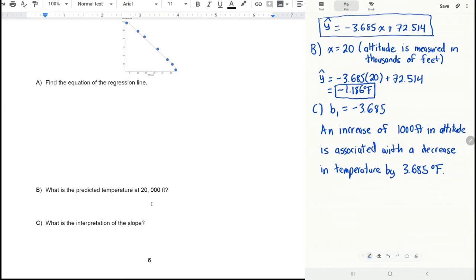Now it is a decrease in temperature because the slope is negative.